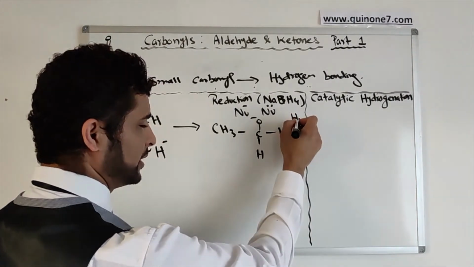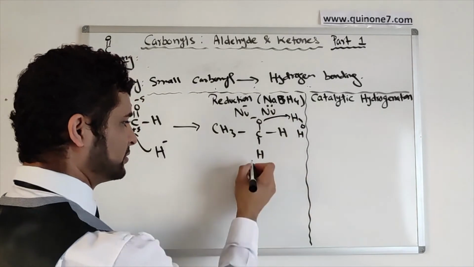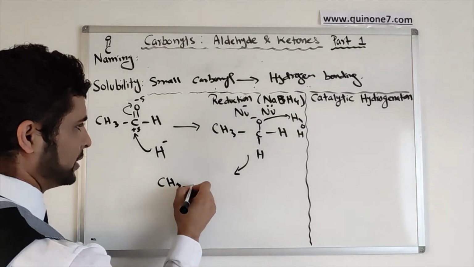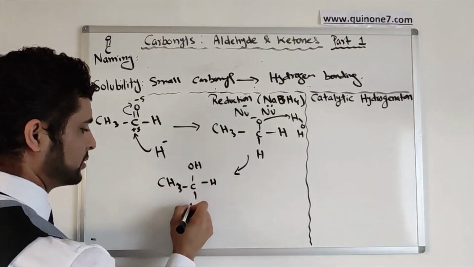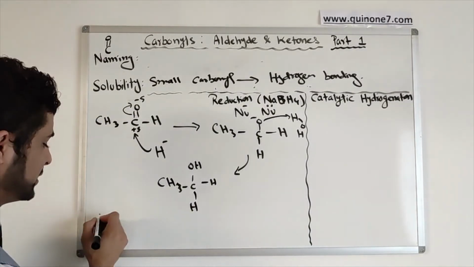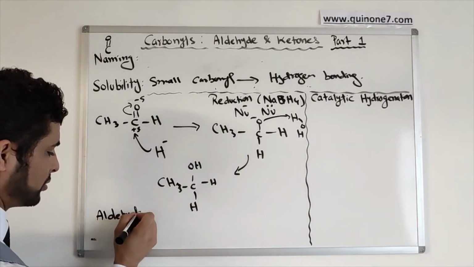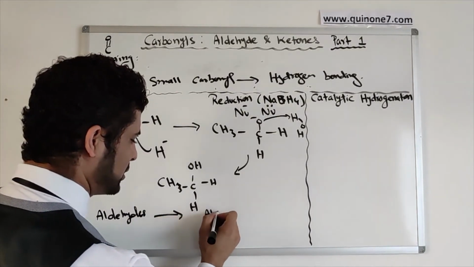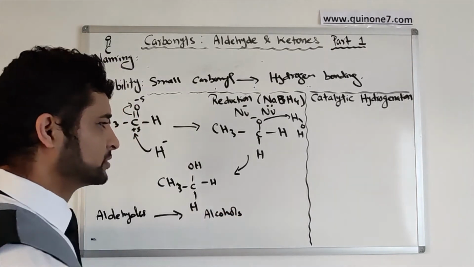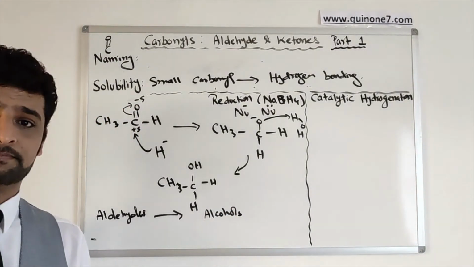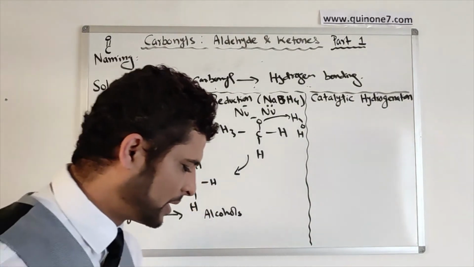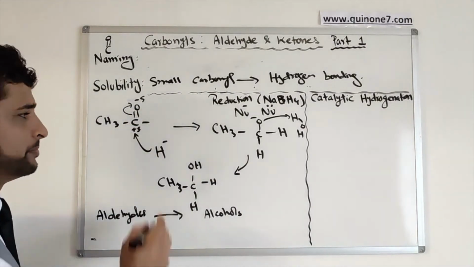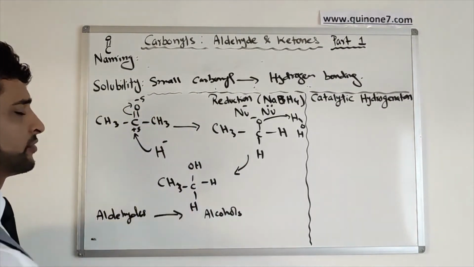OH will come in place, and that will take the hydrogen out of water, and it will be converted into an alcohol. So aldehydes will be converted into alcohols upon reduction. Now we can use a ketone as well, and all we have to do is remove this bit and put CH3 there, so this is propanone.